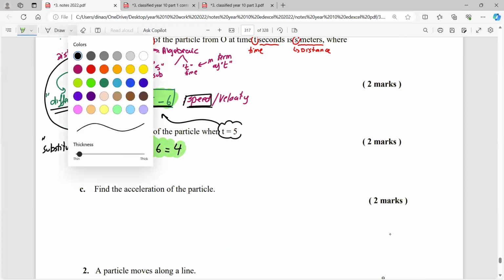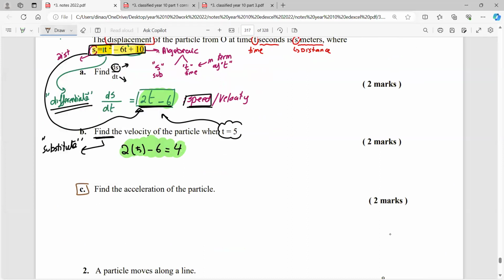Now let's look at this question over here. Question C says find the acceleration. Now, what is the definition of the acceleration? The definition of the acceleration is change of velocity over change of time.